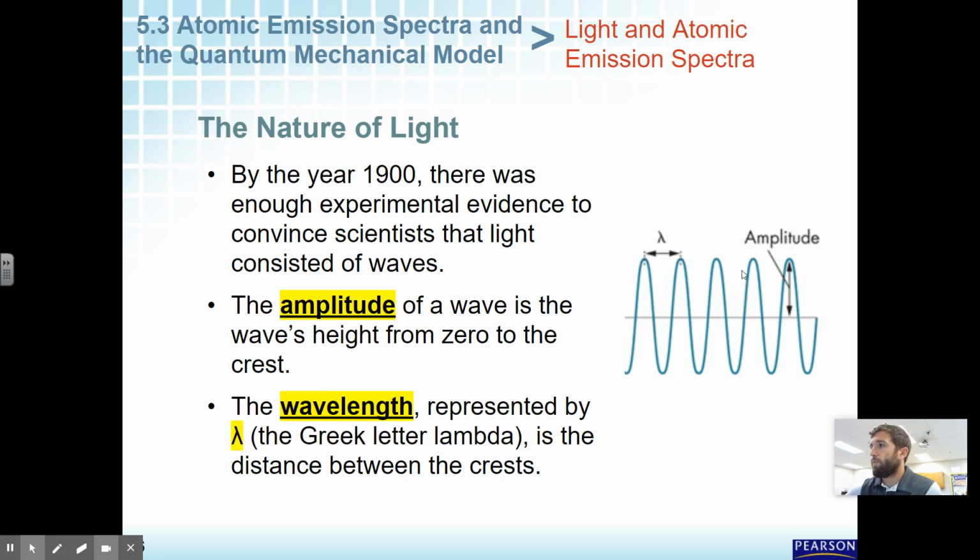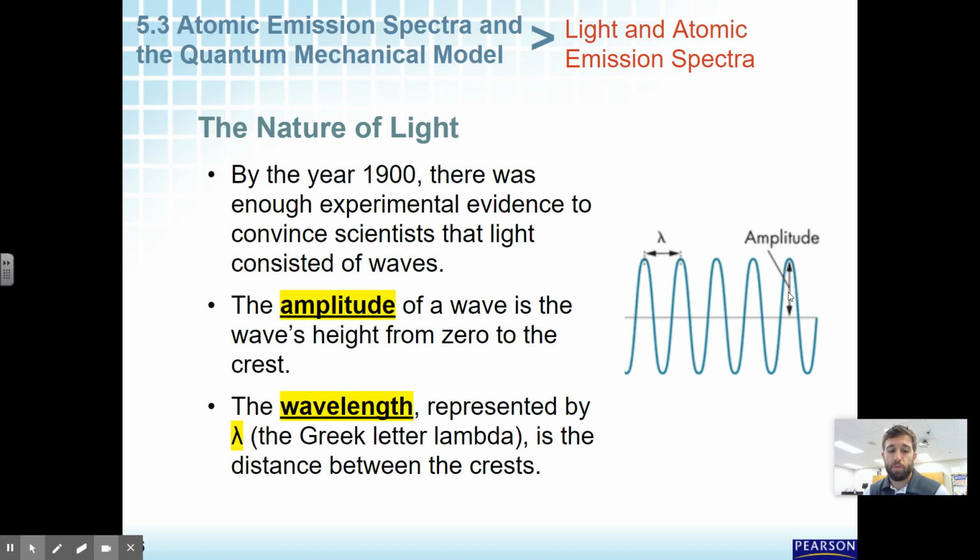The bottom of a wave is called a trough, and the distance between the crests is the wavelength. And the distance between the height of the wave from zero right here to the crest is called the amplitude.